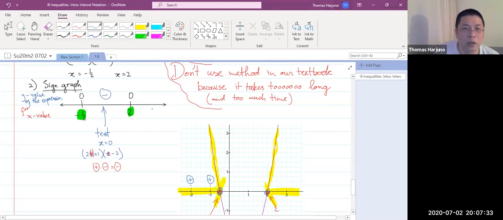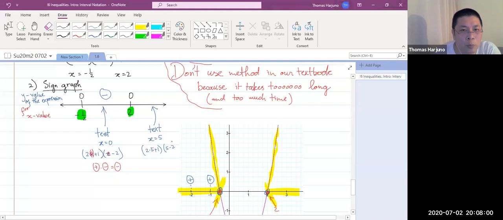So let's try again. What if I want to test the sign in this interval? Then pick any number greater than 2, to the right of that 2. Let's say you test x equals 5. You can use 10 if you want, you can use 100 if you want. Now plug that 5 into that expression.